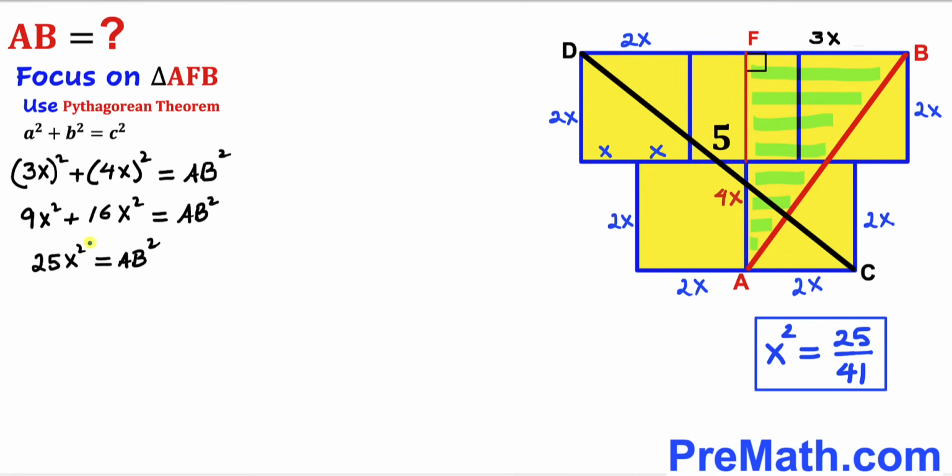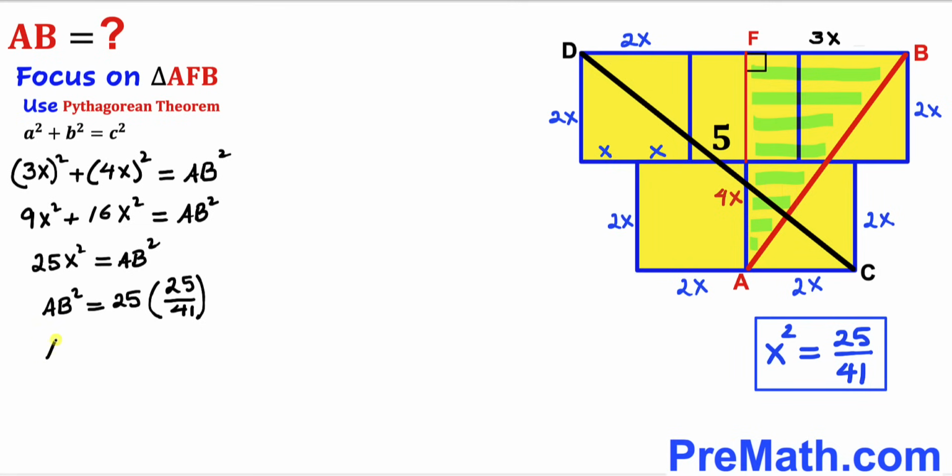And now we know that our x square value is 25 divided by 41. So I'm going to replace that over here with 25 divided by 41. So therefore I can write AB square is going to be equal to 25 times our x square value, 25 divided by 41.